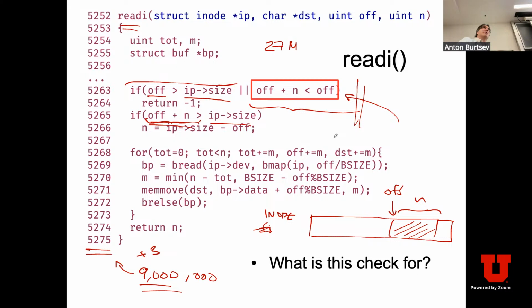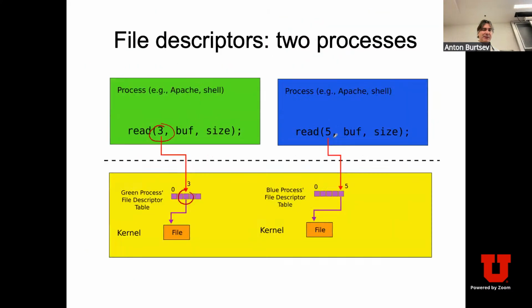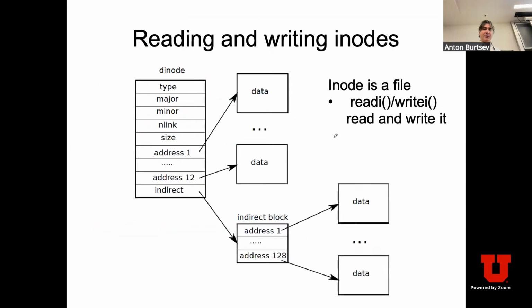What needs to happen? What is an inode? Do you remember? An inode is this thing. You have some offset, right? You want to read from this offset some number of bytes. Let's read just 1 byte, for example.